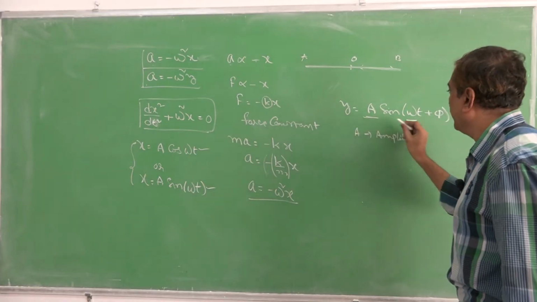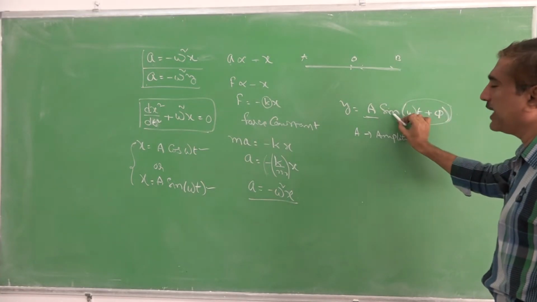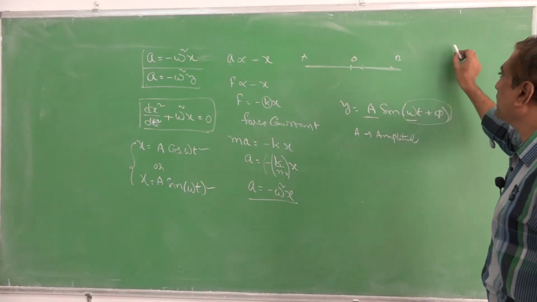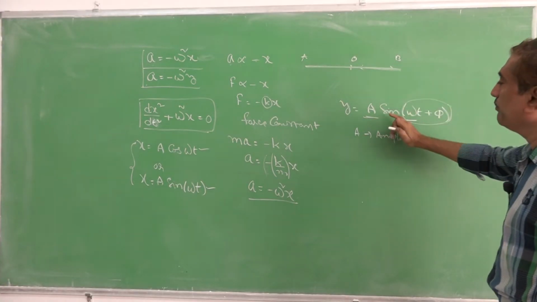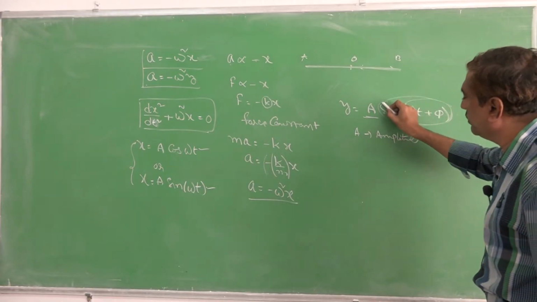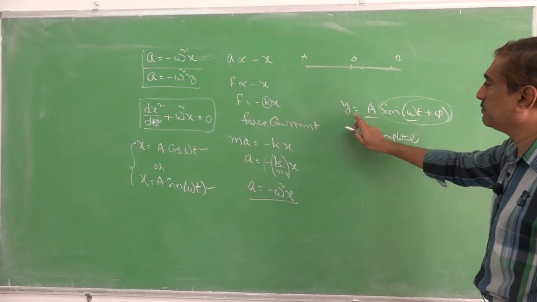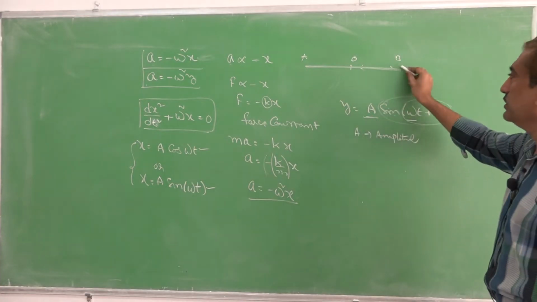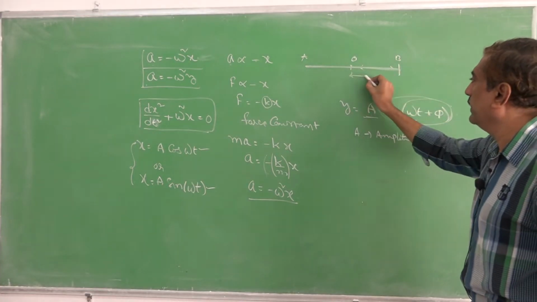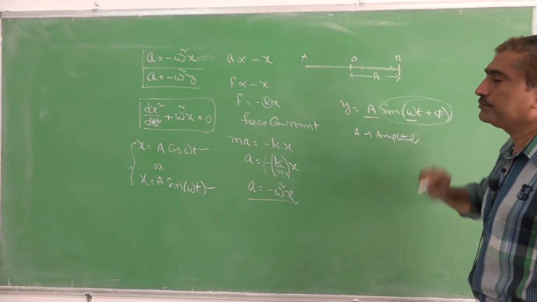If omega t plus phi is equal to pi by 2, the sine function is equal to 1, since the maximum value of sine is plus or minus 1, then the displacement is equal to a, and that is the maximum displacement. This distance is a from its mean position.